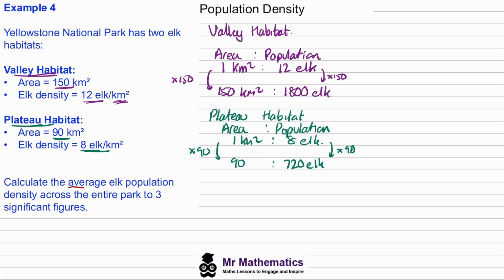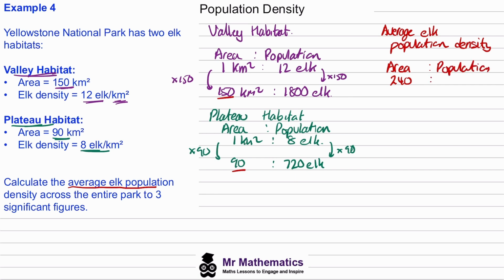So to calculate the average elk population, we need the total area and the total population. So the area will be the sum of a 150 and a 90, so 240. The population will be the sum of the 1800 and the 720, which is 2520.